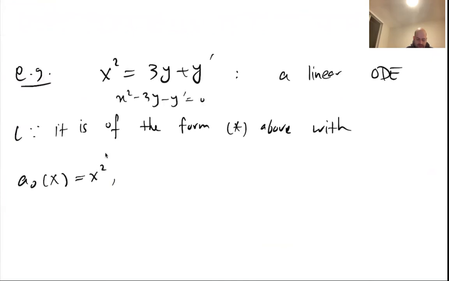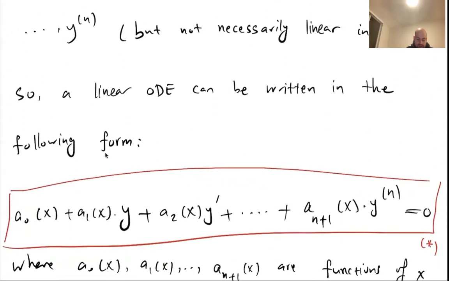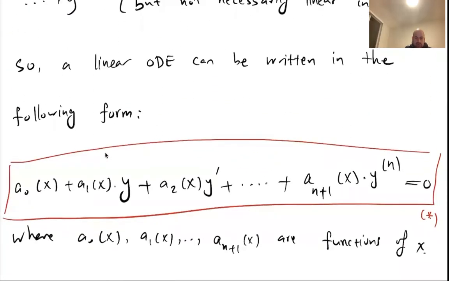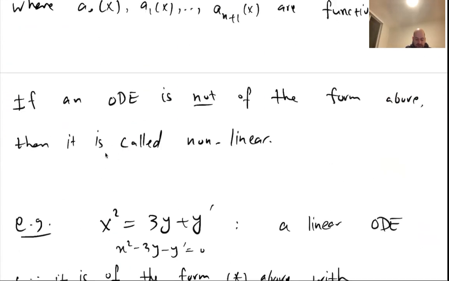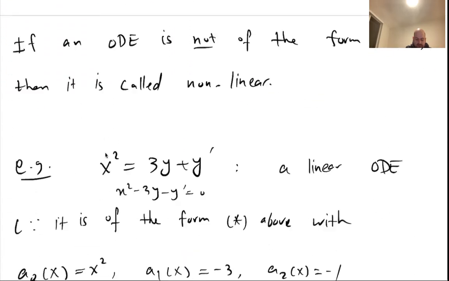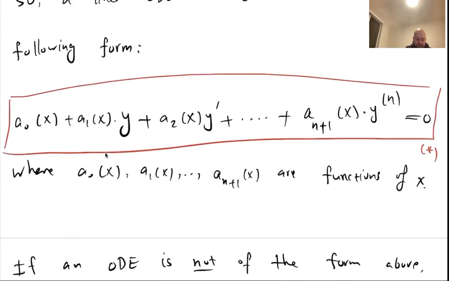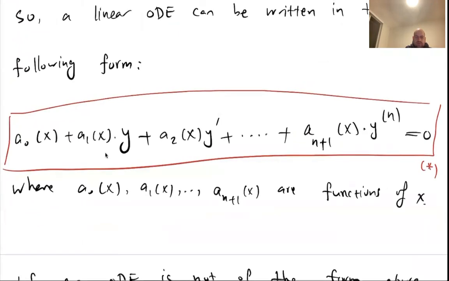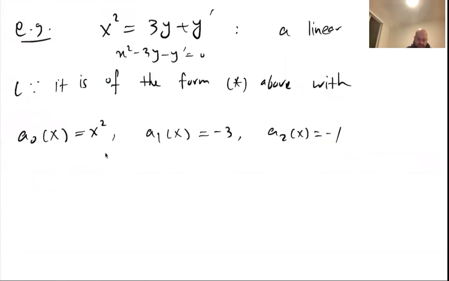So a0 of x is x squared, a1 of x is minus 3, and a2 of x equals minus 1, right? The coefficient of y is minus 3, the coefficient of y prime is minus 1. And a0 of x, the term with no y in it, is x squared here.